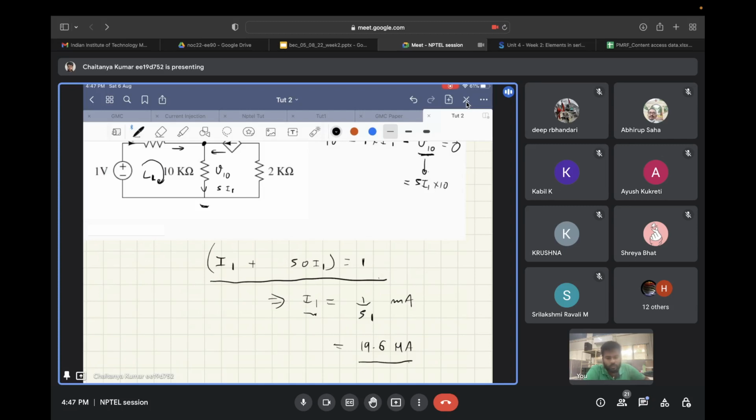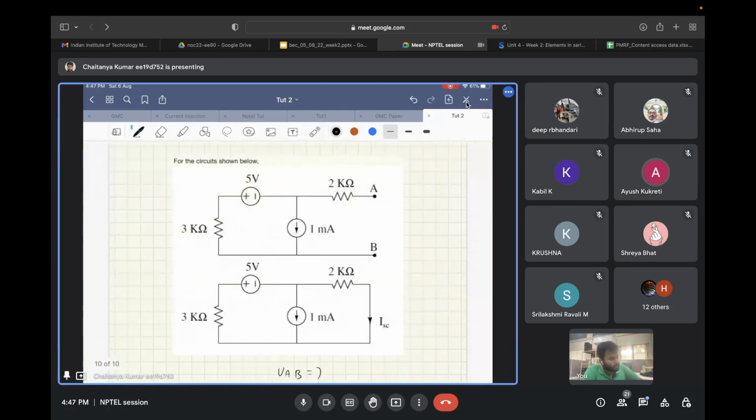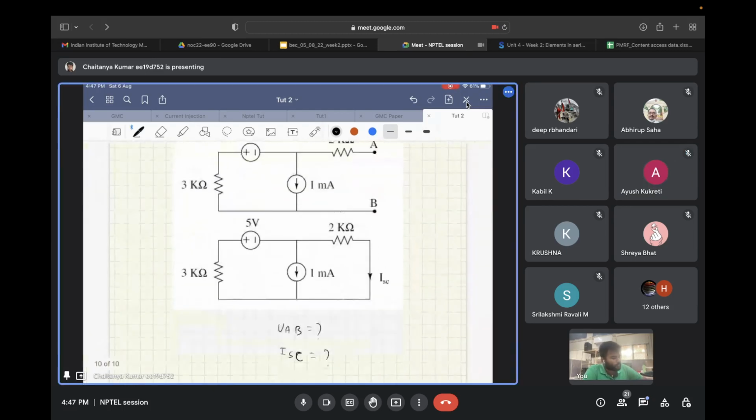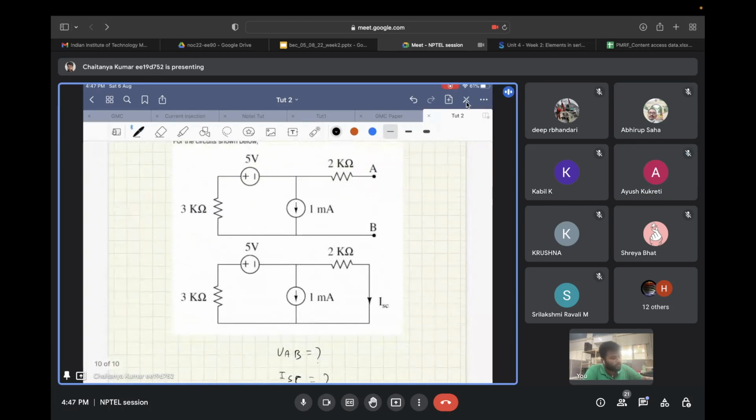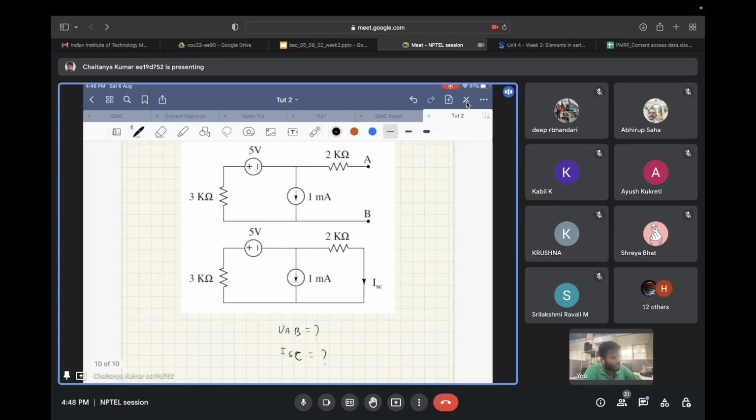That translates to 19.6 microamps. Any doubt in this? Okay, let's move forward then. In this question, you need to find the open circuit voltage VAB and the short circuit current ISC.